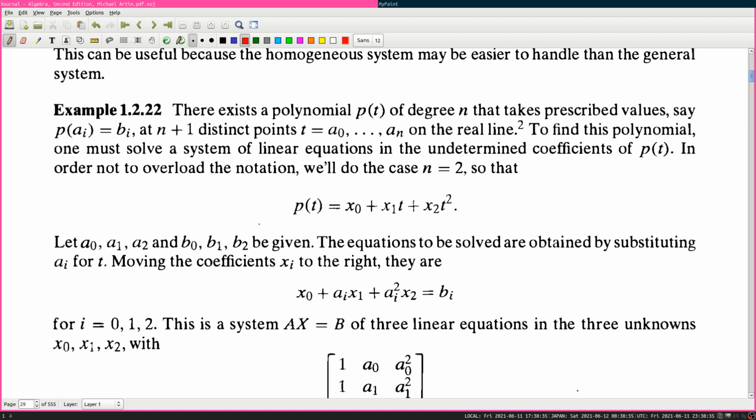Let A0, A1, A2 and B0, B1, B2 be given. The equations to be solved are obtained by substituting ai for t. Moving the coefficients x sub i to the right, they are x0 plus ai x1 plus ai squared x2 equals bi, for i equals 0, 1, 2.